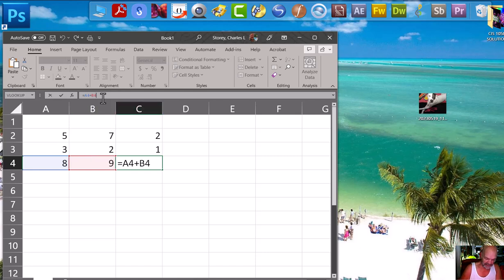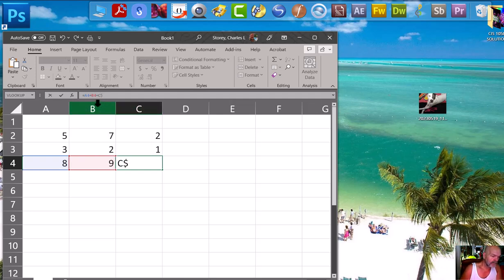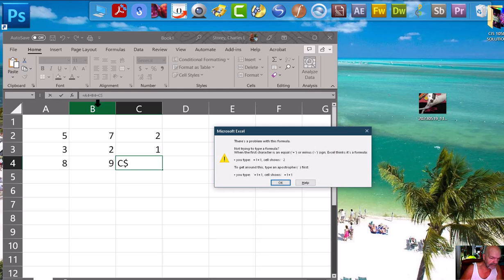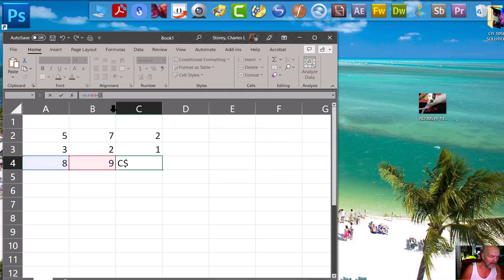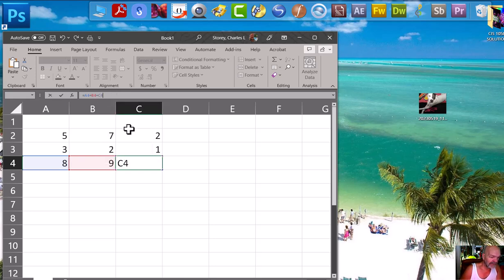Like I cannot include plus C4, because C4 is the cell that I'm in, right? I can't include C4. I will get a circular reference warning.